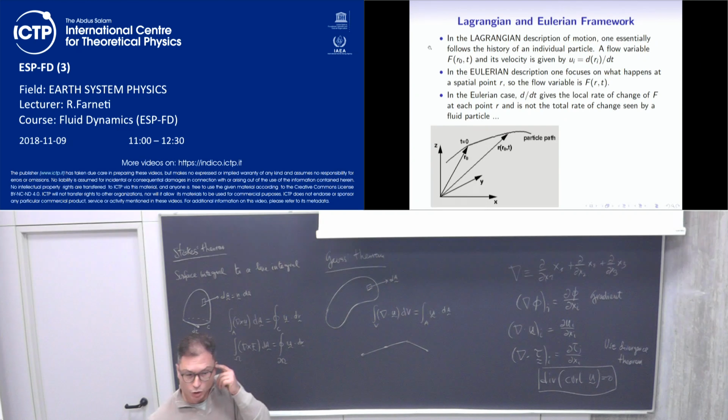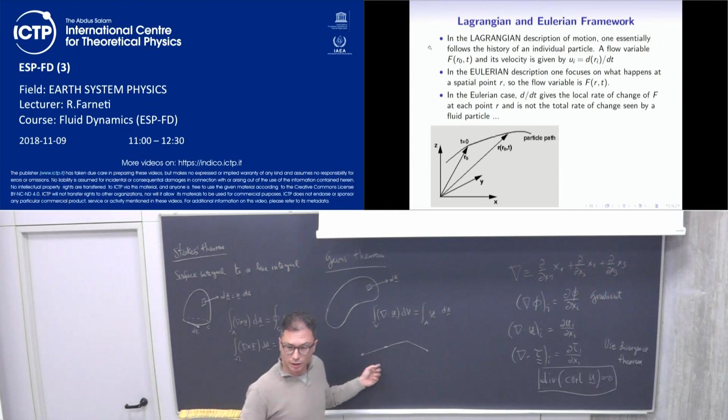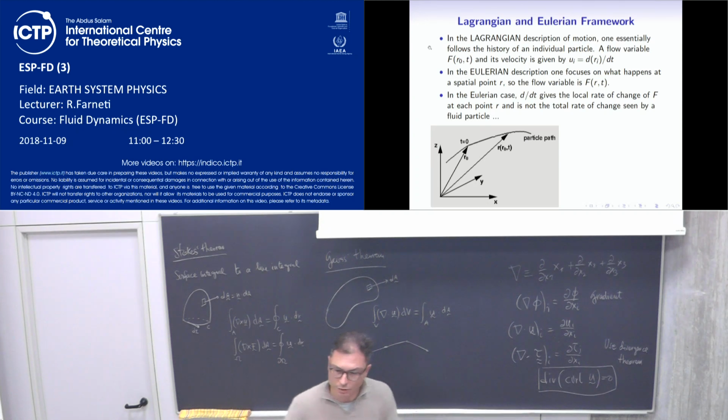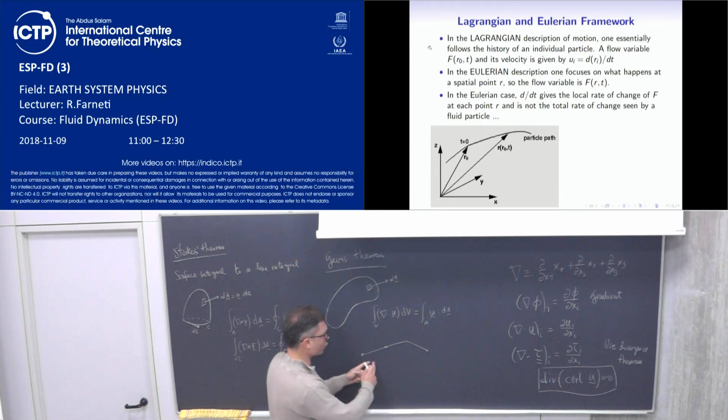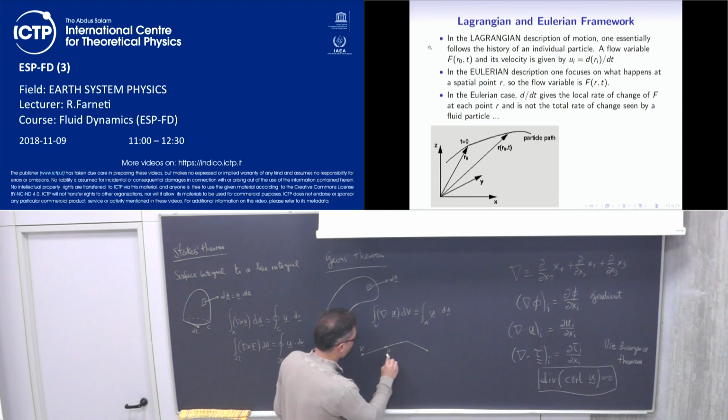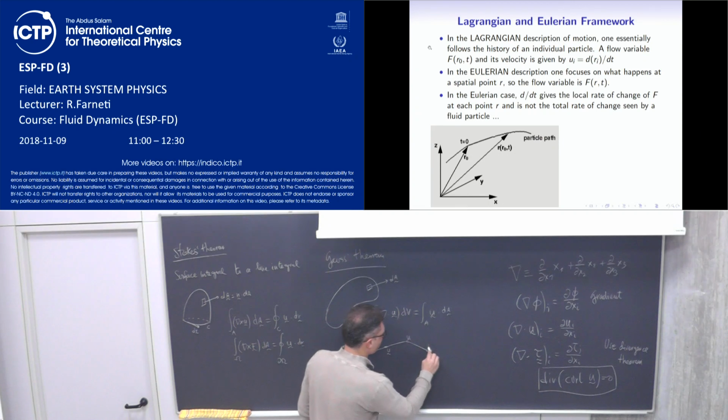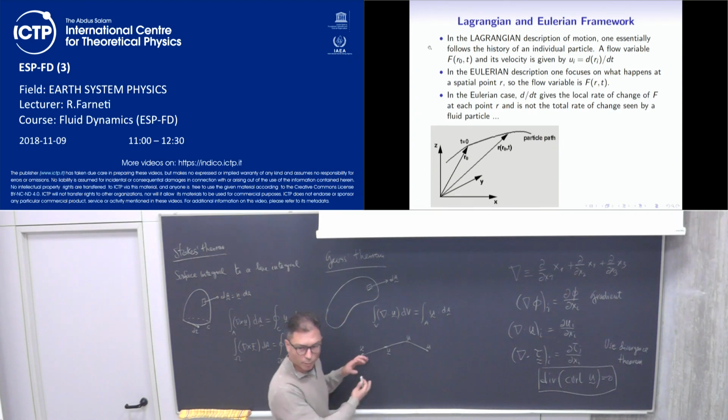This is, for example, what the Argo float is doing. If you remember that big thing, that big thing is moving with the flow and is describing Lagrangially the fluid flow. So an instrument is moving with the flow and is telling you the velocity vector at all times, following one particle.